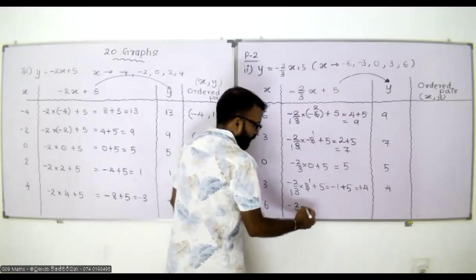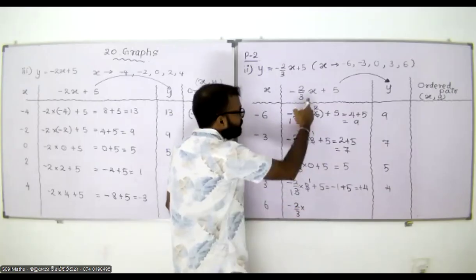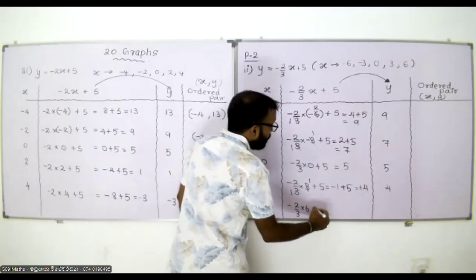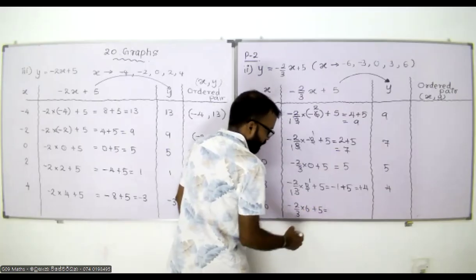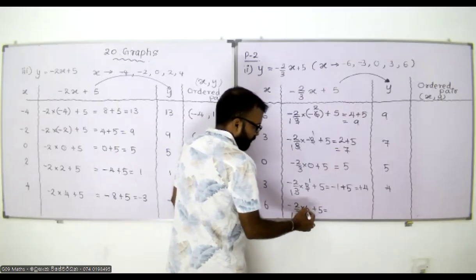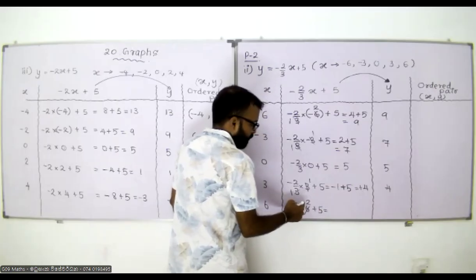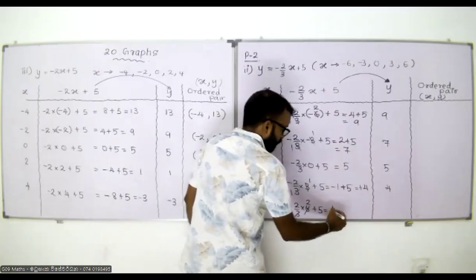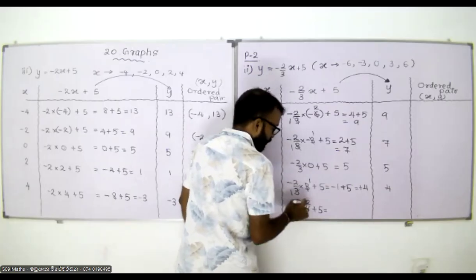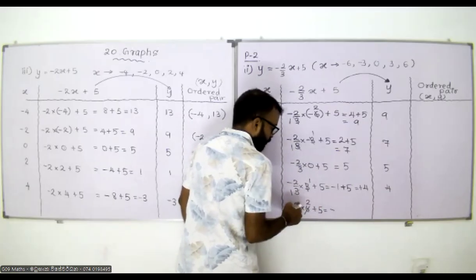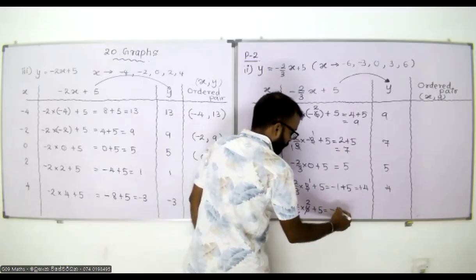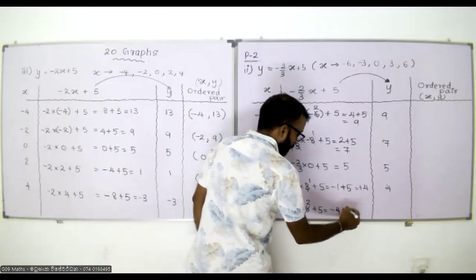-2/3 multiplied by 6 plus 5. 3 times 1, 3 times 2. Negative into positive, negative. 2 times 2, 4. Plus 5.